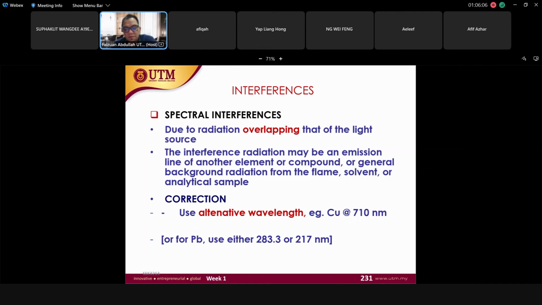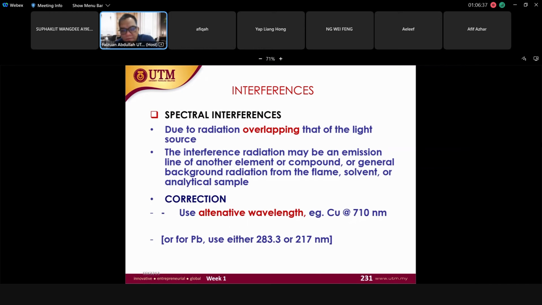How to do the correction? We have the alternative wavelength of the element of the HCL, the hollow cathode lamp, the source of light. If the hollow cathode lamp that we use has a wavelength that is, for example, not 710. For example, for copper we have another one, for example 650.